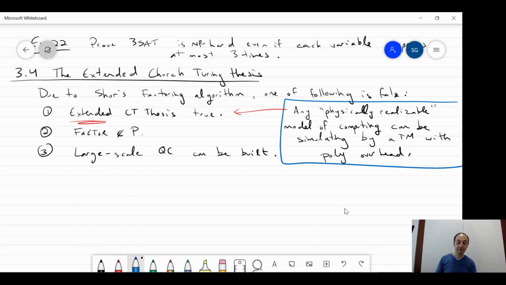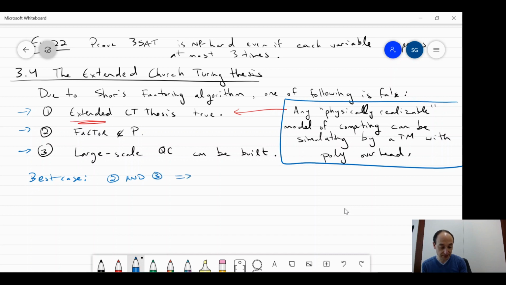Okay, so that's the extended Church-Turing thesis. Now the claim is that all three of these statements, 1, 2, 3, cannot hold simultaneously. If any two of them are true, the third one would have to be false. So let's think about it this way. For example, let's say the best case scenario. We assume 2 and 3.